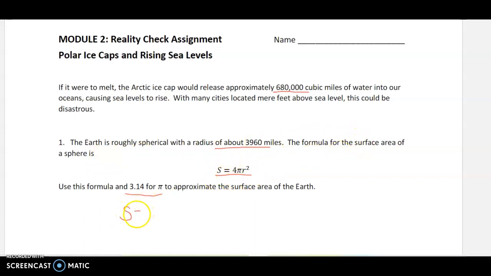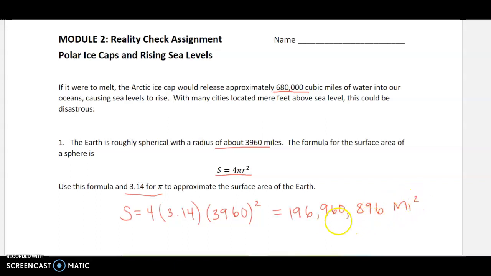S equals 4 times pi, which we'll use 3.14, and then R, which is 3960, and then squared. Now the answer you should get for this is, let me make sure I write this down right. And this is square miles.